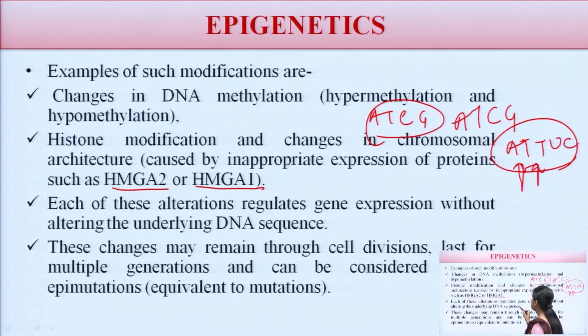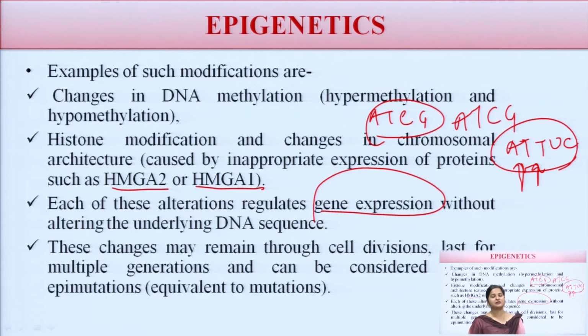Where is the change? It is in the gene expression, but they can't change the sequences. That is why the cells can't recognize what happened at that particular area, because the sequence is the same. So, these changes may remain through cell division and last for multiple generations. It can be considered an epimutation, which is equivalent to a mutation.